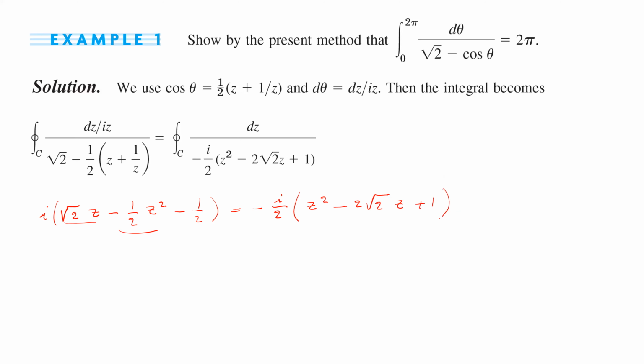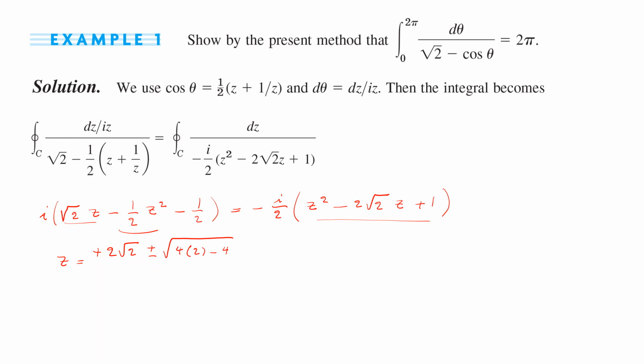And then we can factor this. If you set that equal to 0, you can see that the solutions are z equal to negative b, which becomes plus 2 square root of 2, plus or minus the square root of b squared minus 4ac. b squared becomes 4 times 2, that's 8, minus 4 times 1 times 1, minus 4.